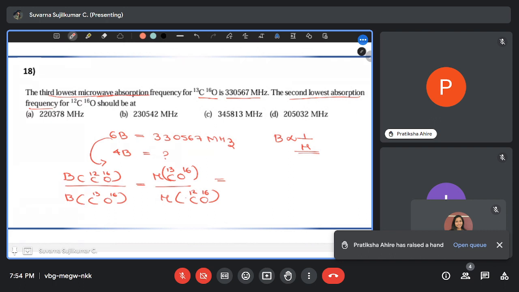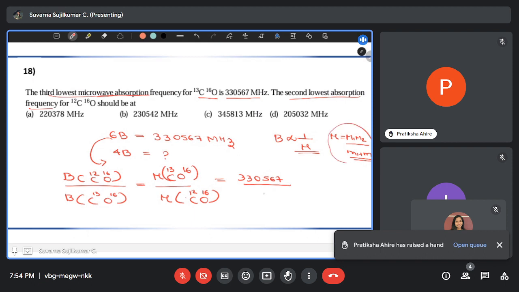Clear? So let's substitute into this equation. We have this equation, and we already know the parameters, but we have to find the reduced mass. I already mentioned the formula: M1 M2 divided by M1 plus M2. For any diatomic molecule with masses M1 and M2, we can find the reduced mass as follows.